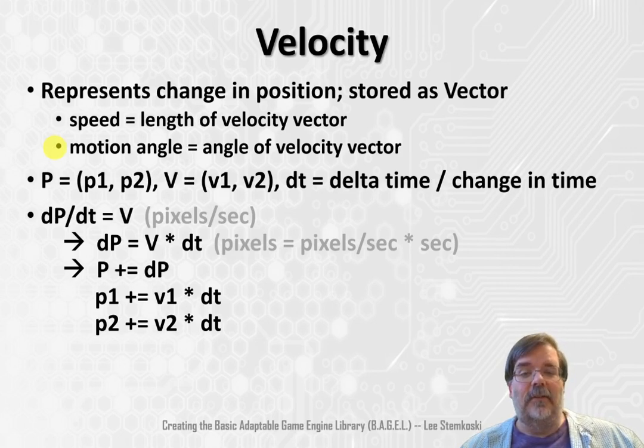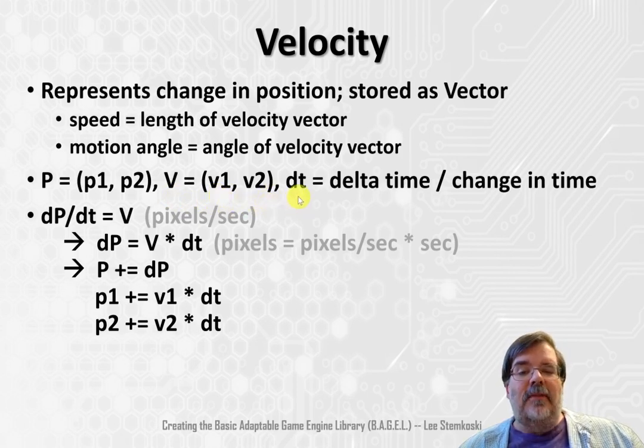So to talk about what these formulas would include, let's say P represents the position vector with components P1 and P2. Let's say V represents the velocity vector with components V1 and V2.